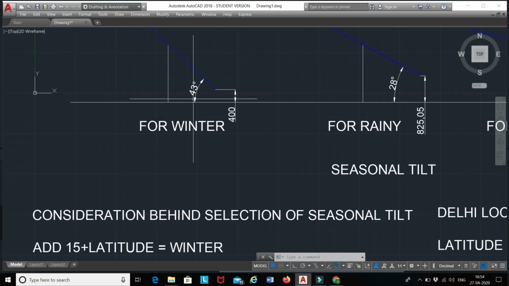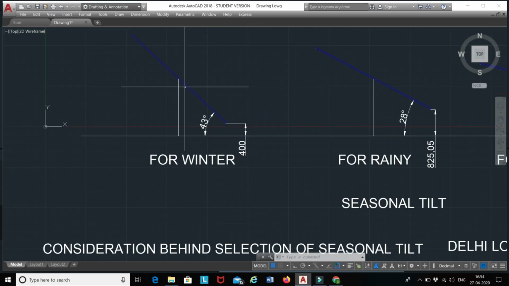Now you can see two forces are working. First is wind force and another one is module self weight.